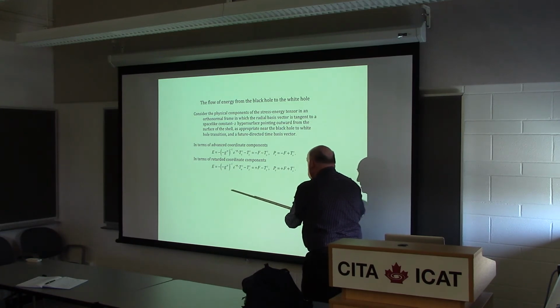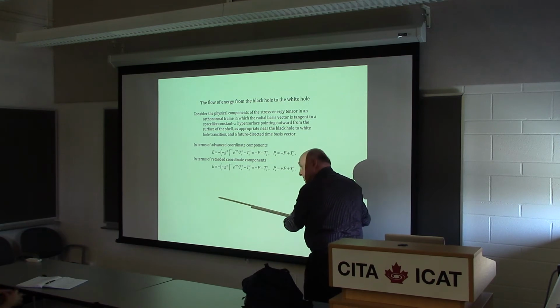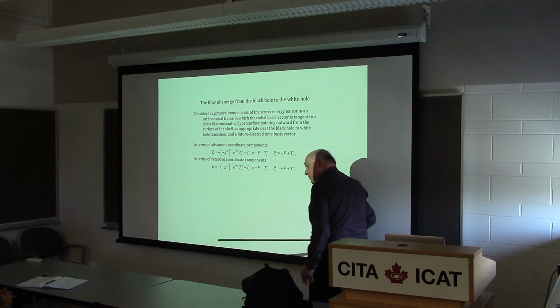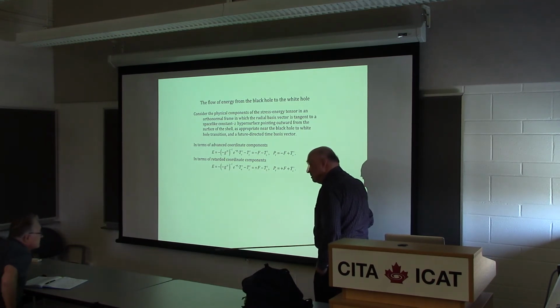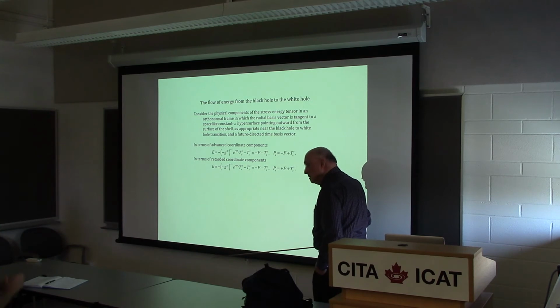And then the time component of the tetrad is pointed orthogonal to that in the future direction, okay? So can I just go back to Z and R and A and all of that?